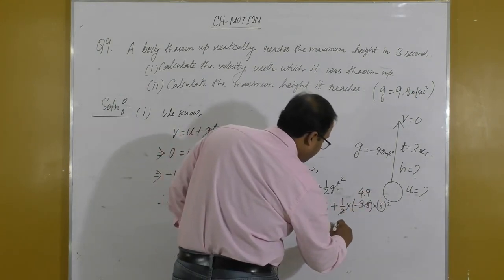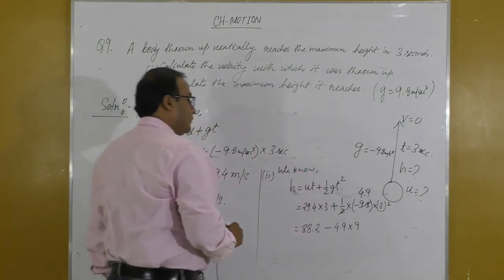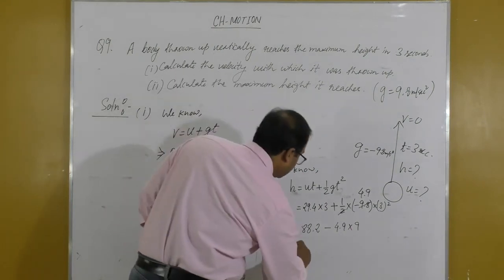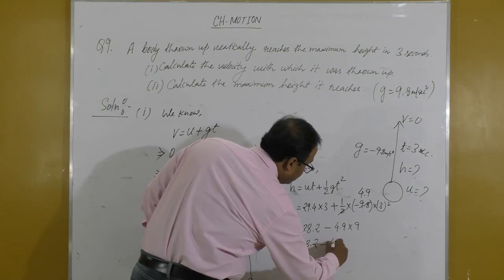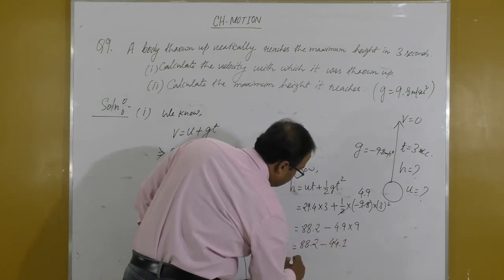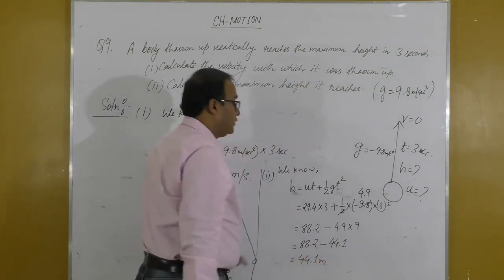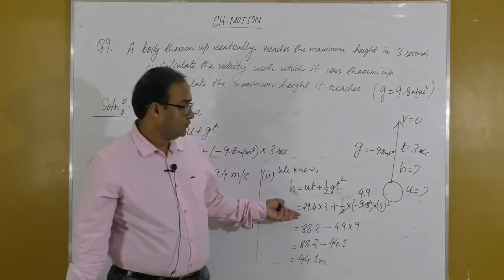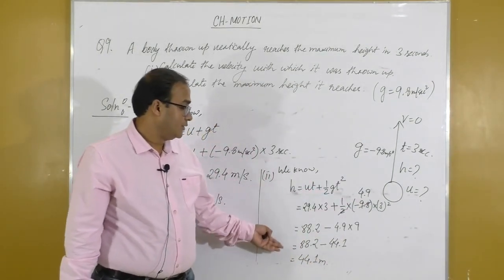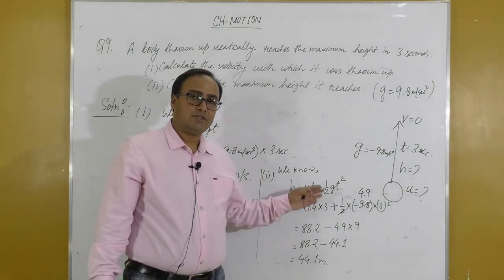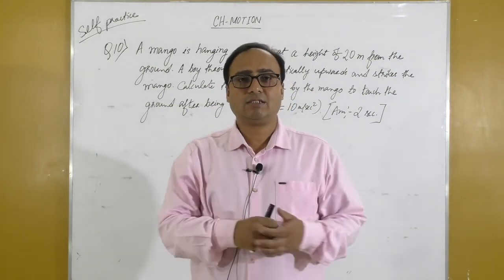So here 4.9 into 9, so we get 88.2 minus 44.1, and the answer is 44.1 meter. Do this calculation properly. I have not used the units here because of the lack of space, so you should note down and solve this properly with units.